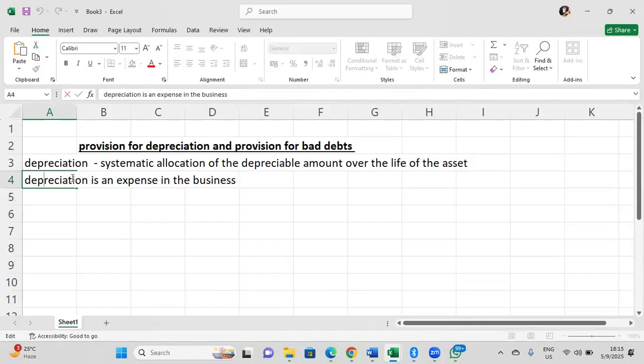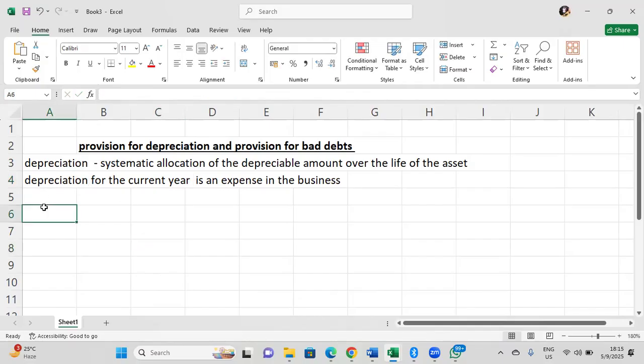Or let's rather modify and say the depreciation for the current year is an expense in the business. Now, let's move on from there.